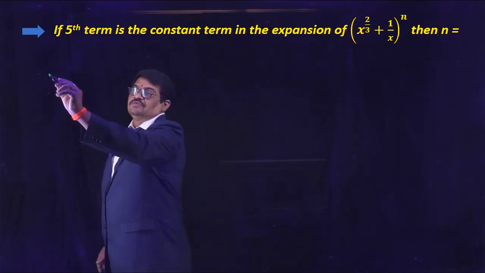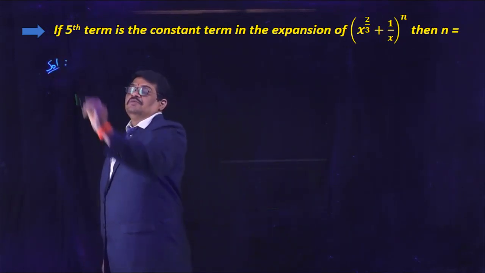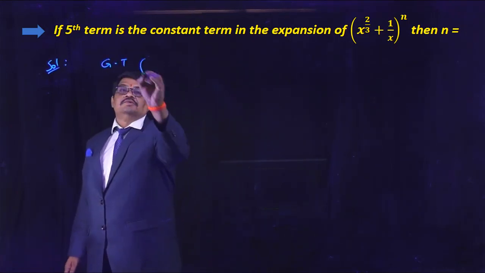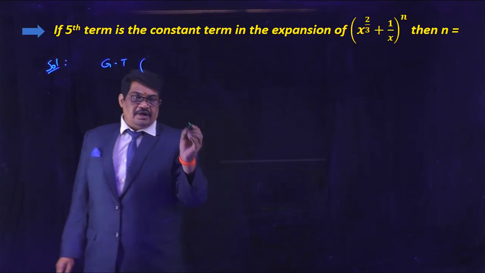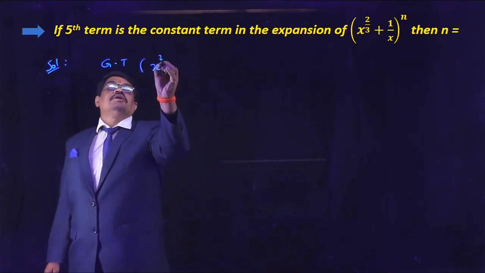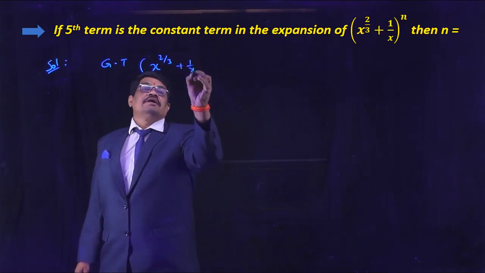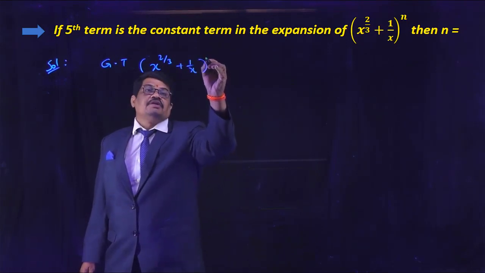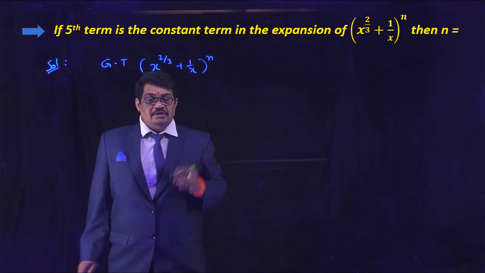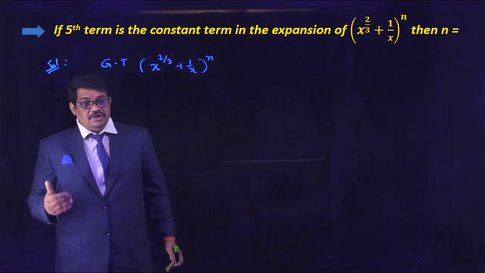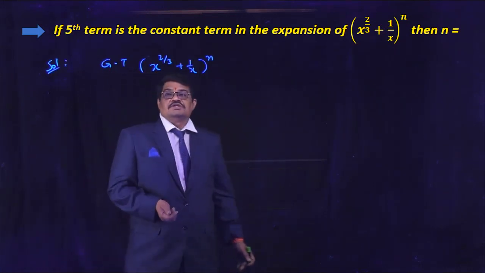See the solution. What is the given expression here? Given that (x power 2 by 3 plus 1 by x) whole to the power of n. In that, the fifth term is the constant term.